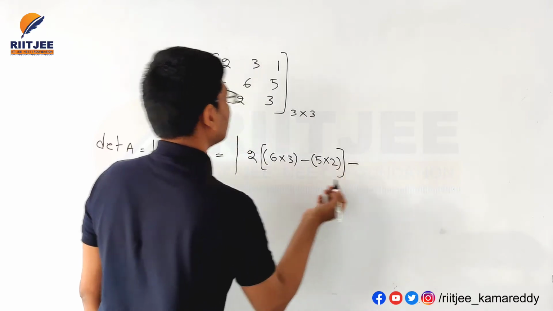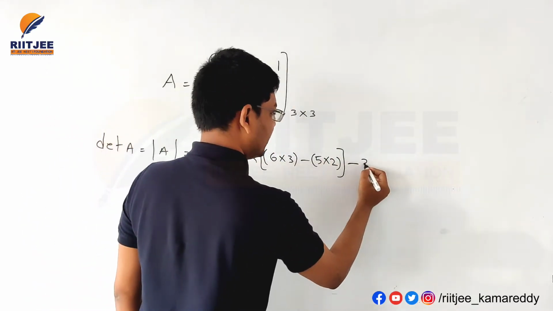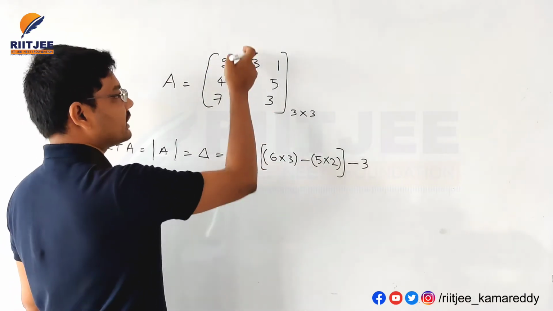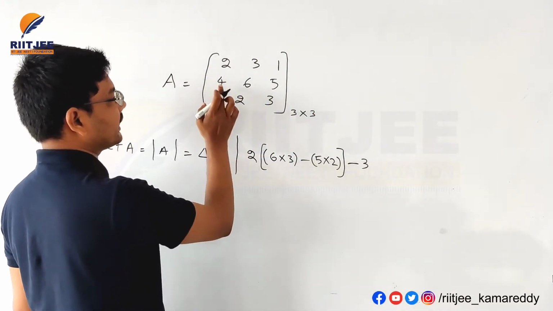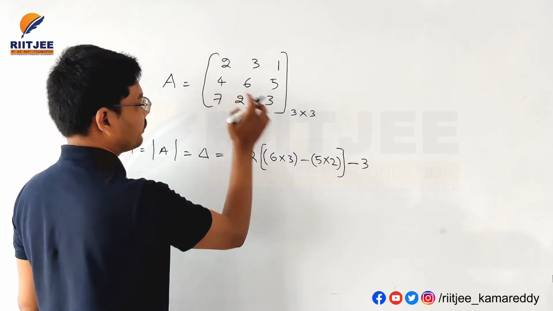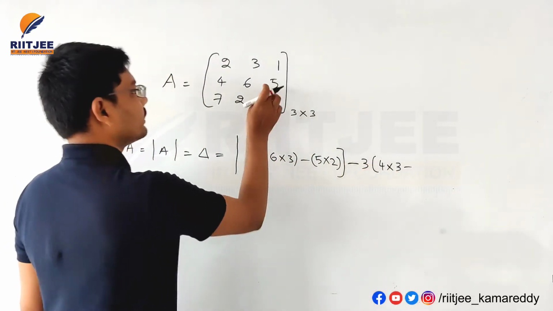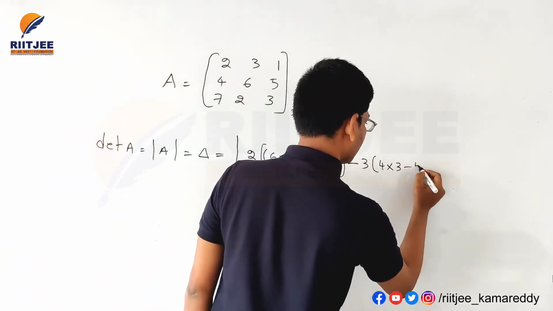Next, minus 3 into the determinant of the minor matrix after eliminating the row and column which have 3: 4 into 3 minus 5 into 7.